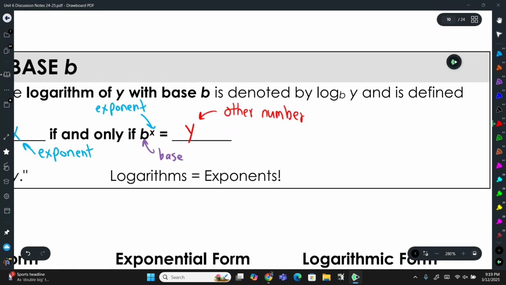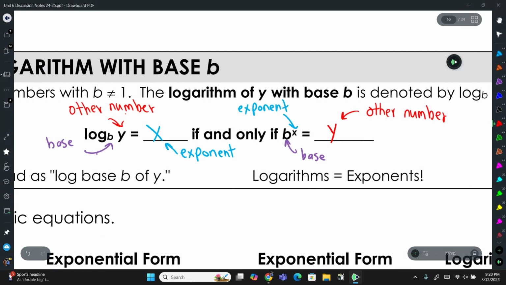So over here, I want to rewrite this, how to go from what's called log form to exponent form.